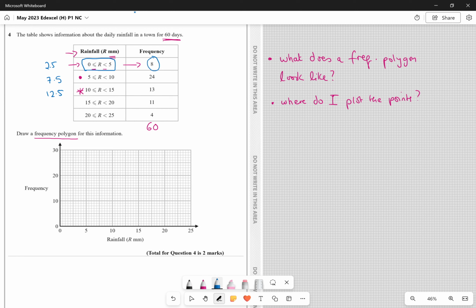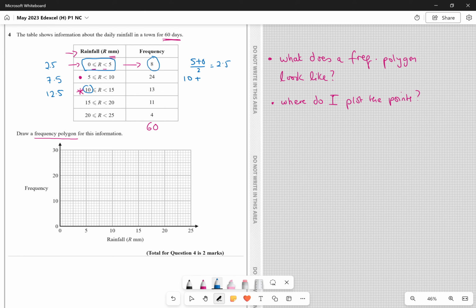If you add 2.5 to 10, it'll give you 12.5 and so on. Another way of doing it is if you add the two end values together, so you add the lowest with the highest and divide by 2, that will also give you the midpoint of the class interval.